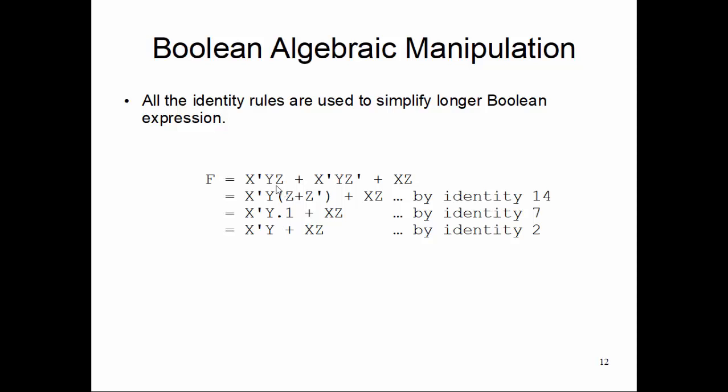But the point is that each of these Boolean operations has a corresponding electronic component. So for this specific expression, you need 2 inversions, 5 ANDs, and 2 ORs. So that means 5 plus 2 is 7, plus 2, 9 electronic components. Versus the reduced expression, where I need 1 inversion, 2 ANDs and 1 OR.